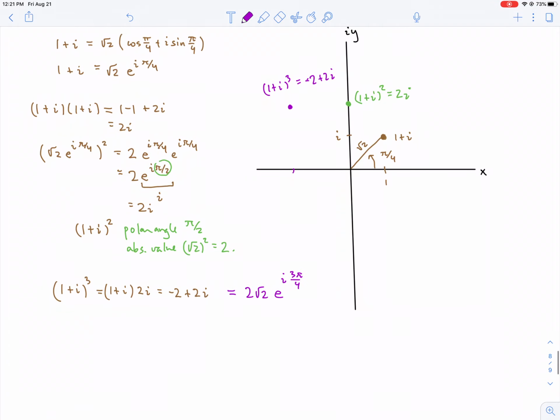And that's what we would have gotten if we had just started with 1 plus I, which was root 2 e to the I pi over 4, and cubed it.